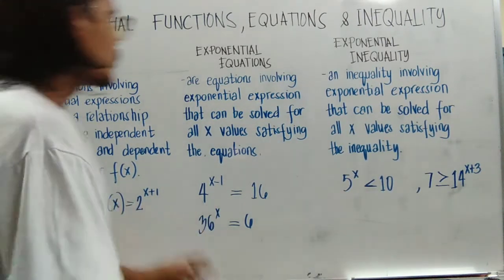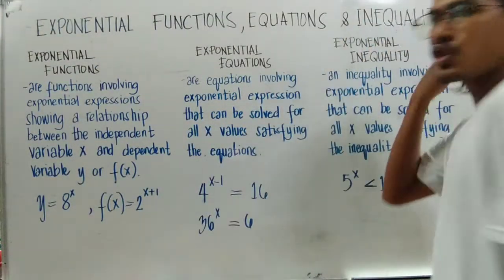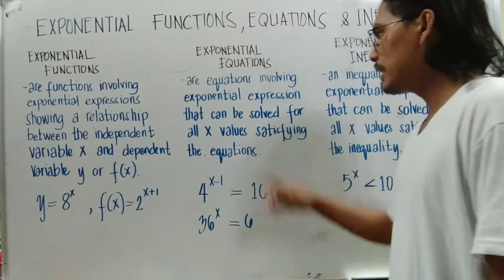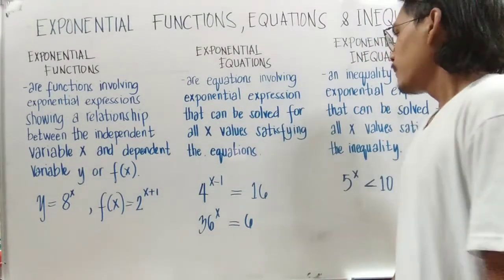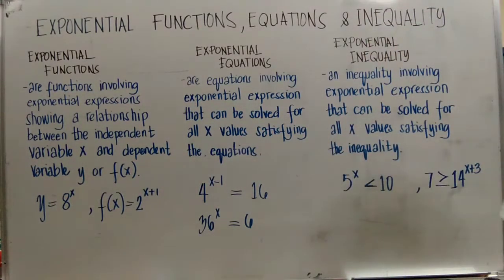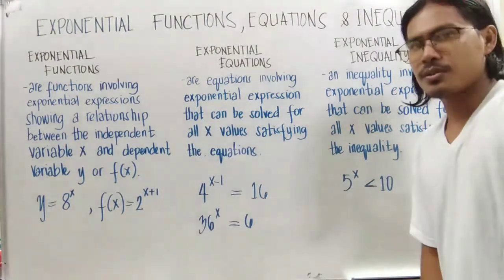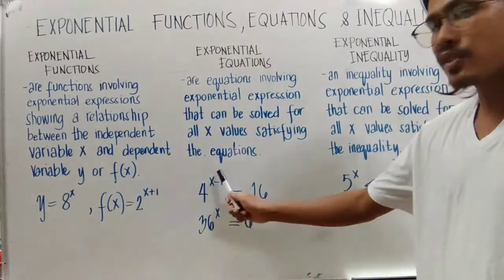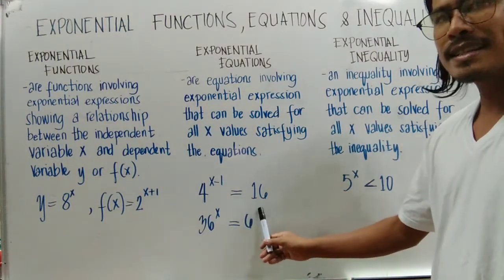Then let us proceed to exponential equations. Exponential equations are equations involving exponential expressions that can be solved for all x values satisfying the equations. So we have here examples such as 4 raised to x minus 1 equals 16.